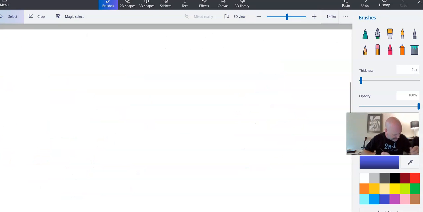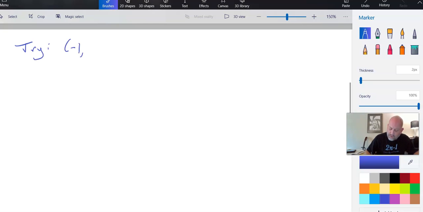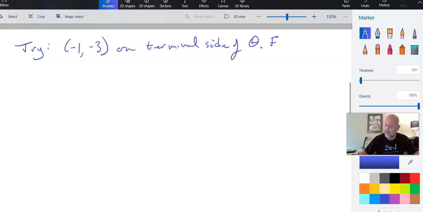Okay, so here's what I would like you guys to do. This is one for you to try. The same thing: the point -1, -3 is on the terminal side of theta. Find the other trig functions.